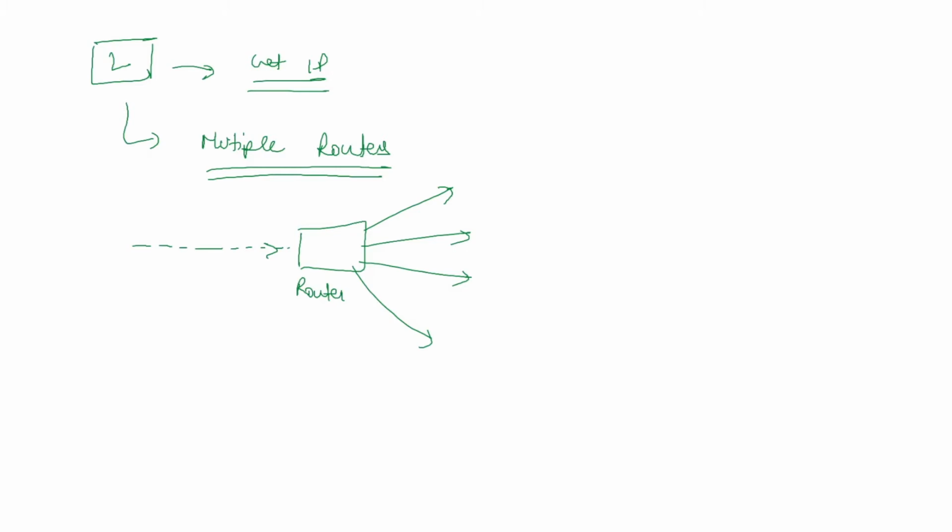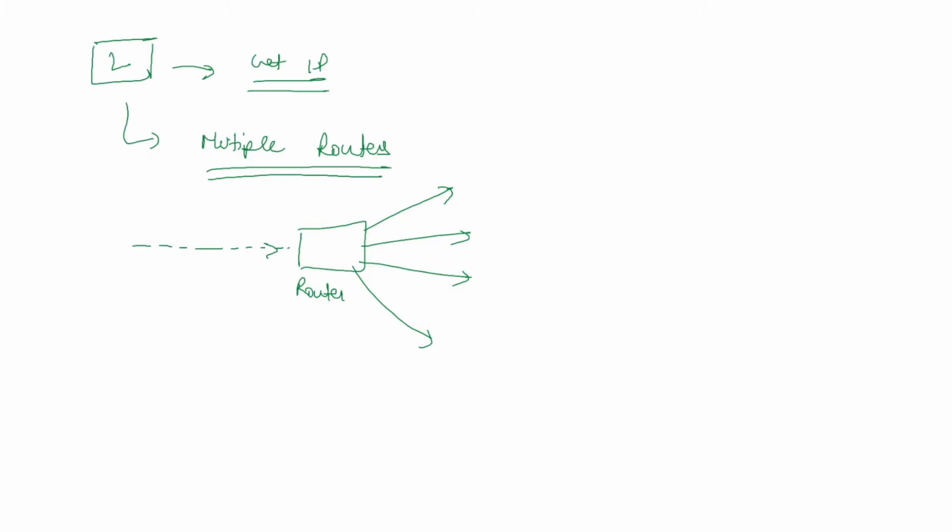Think of it as a chain of post offices, right? Suppose I'm sending a letter from Bangalore to Lucknow. If it goes to the Bangalore sortation unit, basically the post office, then that post office will not know where Lucknow is located, right? But the post office will have the information that Lucknow is somewhere in UP.